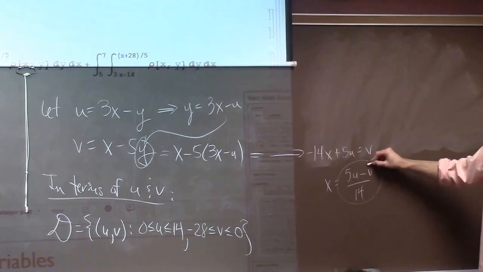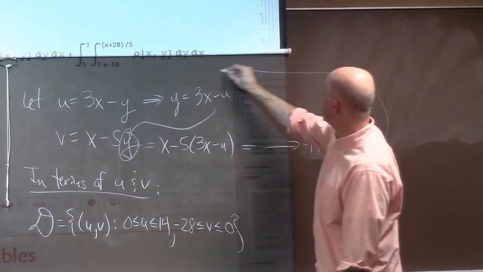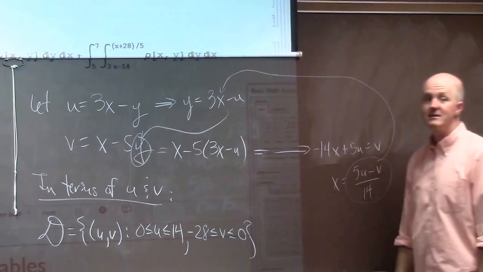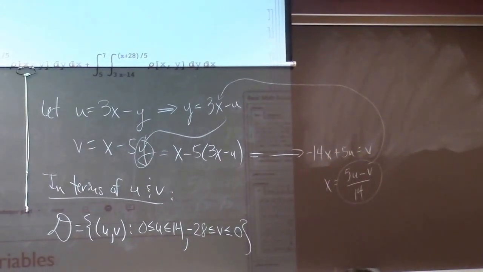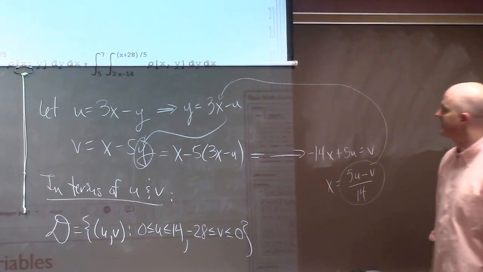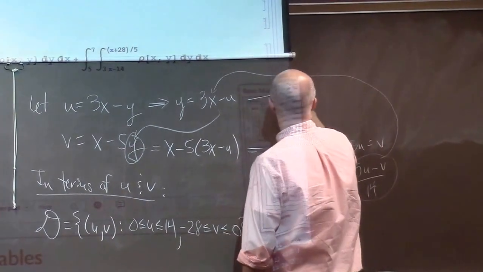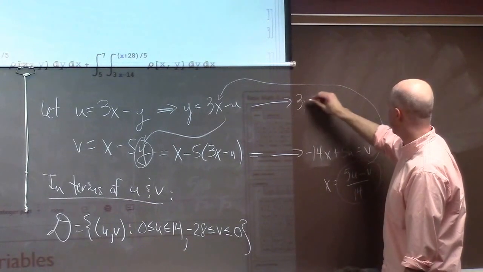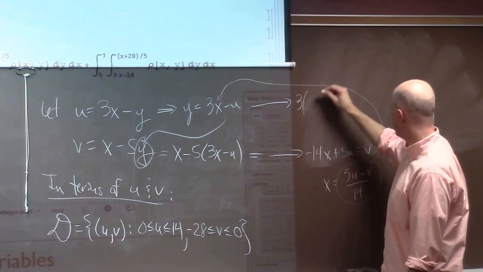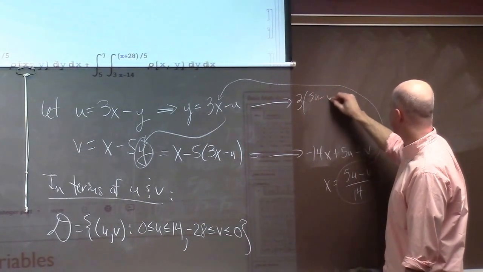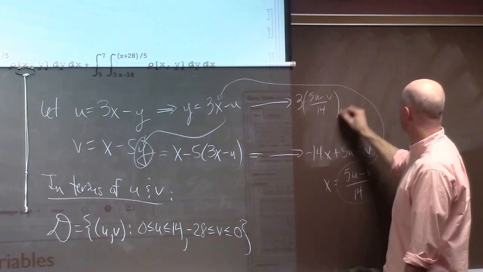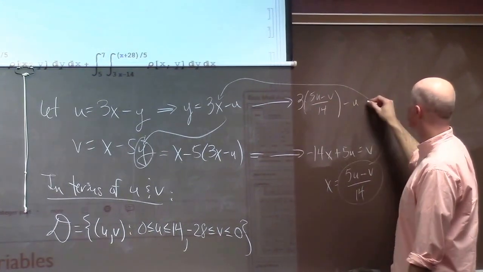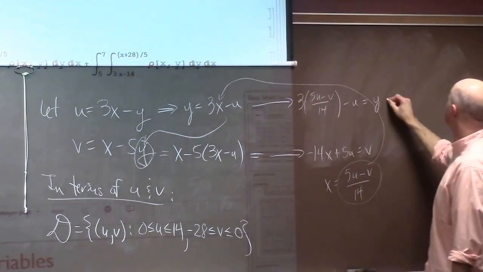Now take that and substitute it back up here in place of x, so that you get y in terms of u and v. And that'll be the last thing we have to do here. x is 3 times (5u minus v) over 14, minus u. This is what y equals.